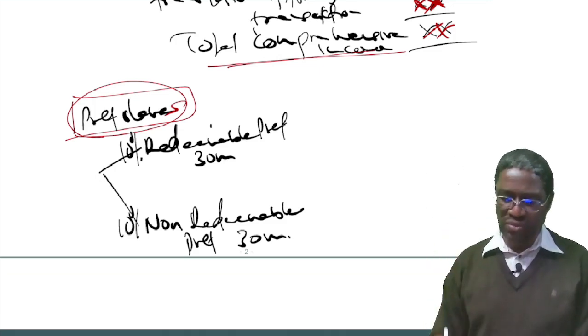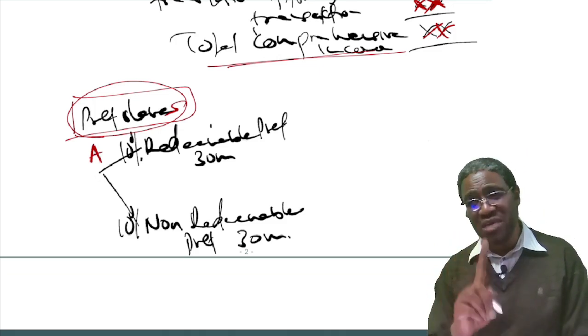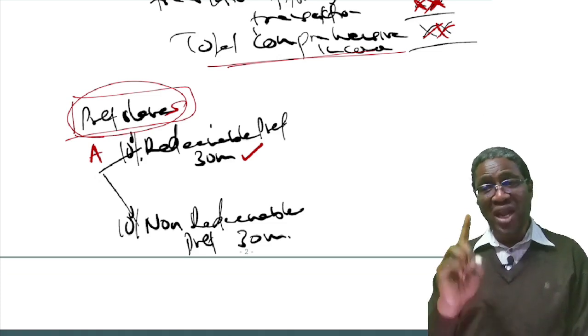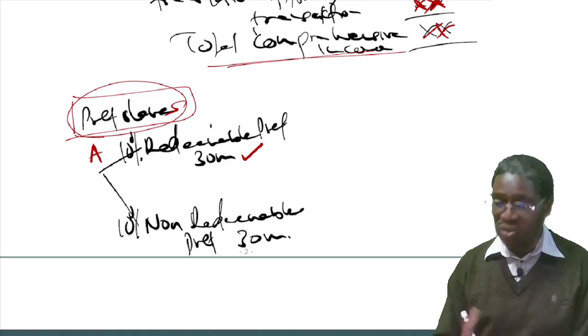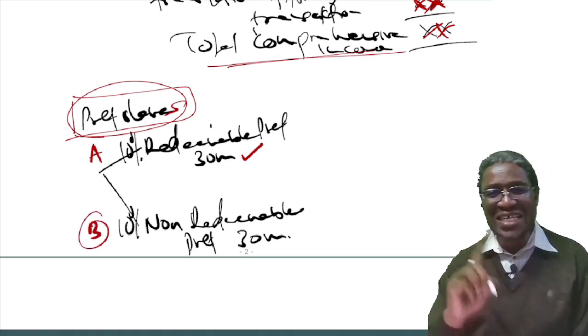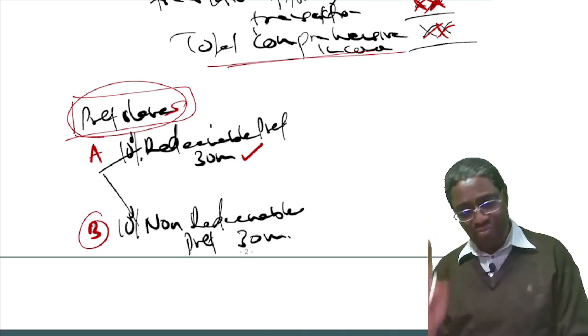Let us assume company A issued a 10% redeemable preference share worth 30 million, while company B raised capital by issuing a 10% non-redeemable preference share worth 30 million.